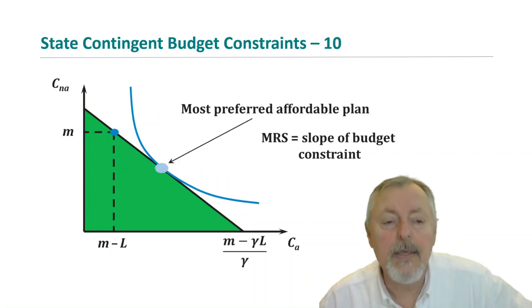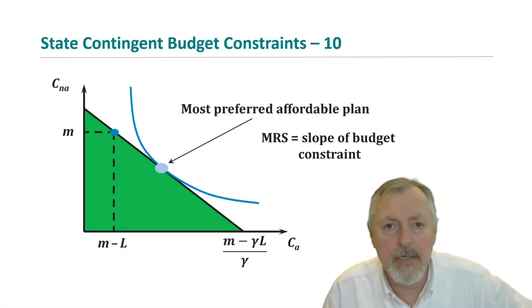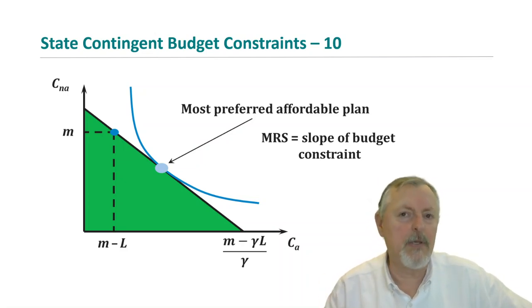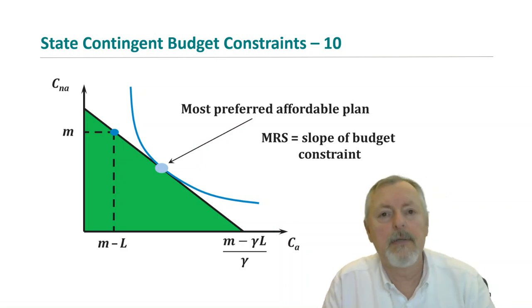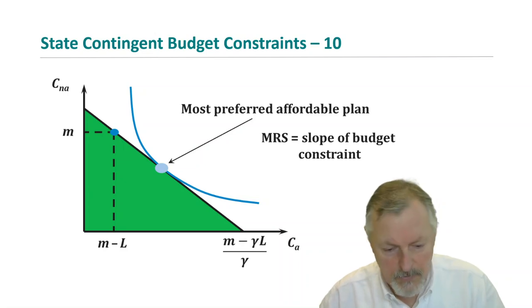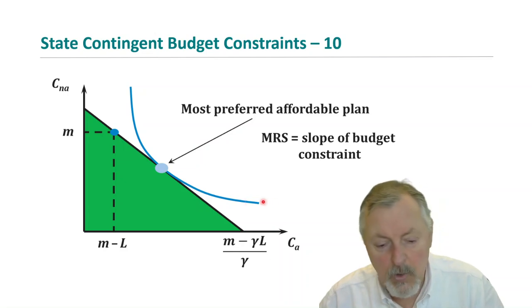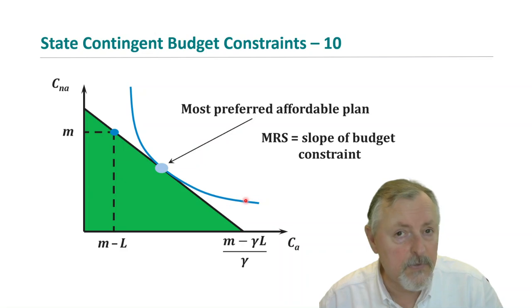So, if somebody's facing an insurance opportunity, a gamble of any kind, all you have to do to find how much insurance would make this person happiest, the optimal consumption bundle of contingent commodities, is the point where the indifference curve is tangent to the budget line. Well, you find the slope of the indifference curve, same way as before.